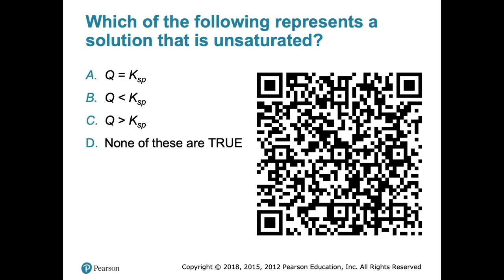So the last thing I want to do is this particular slide right here. Which of the following represents the solution that is unsaturated? And this is the last slide for today.